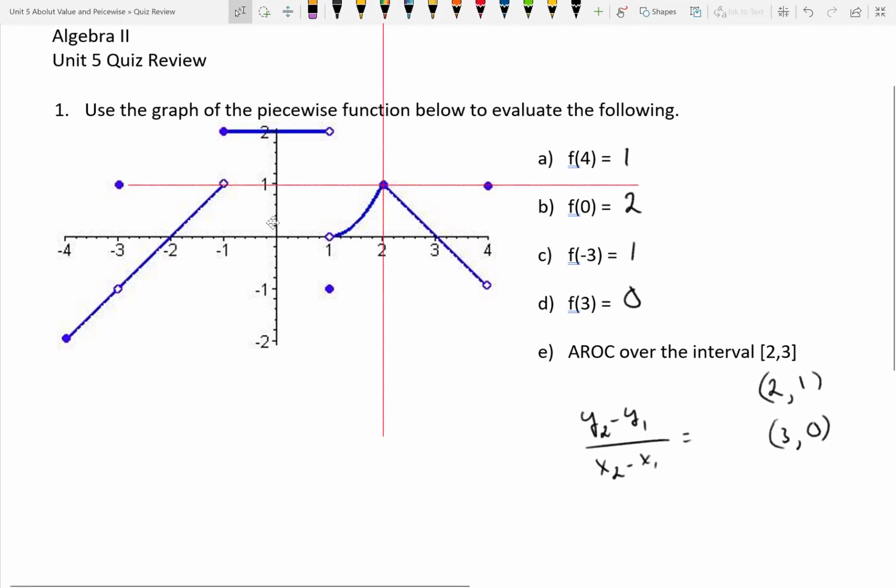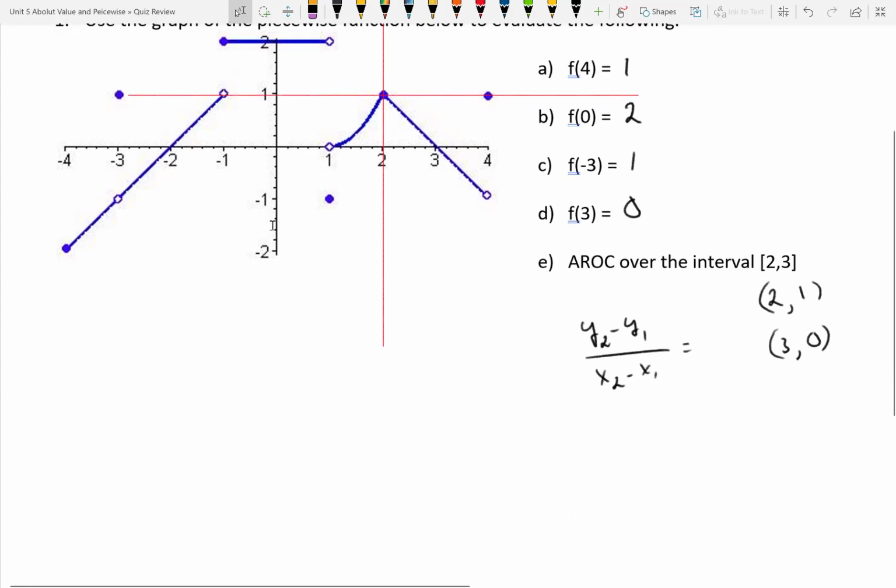And now we can plug those values into this formula. And again, it doesn't matter what order you plug these in as long as you're consistent. So I'm going to take my two y values as y2 is 0 minus y1, which is 1, over x2 of 3 minus x1 of 2, and I get -1 over 1, which is -1.